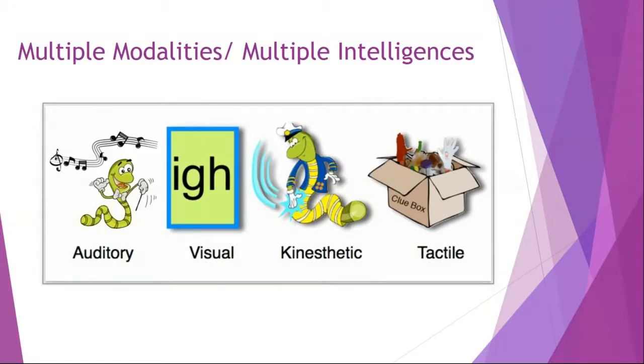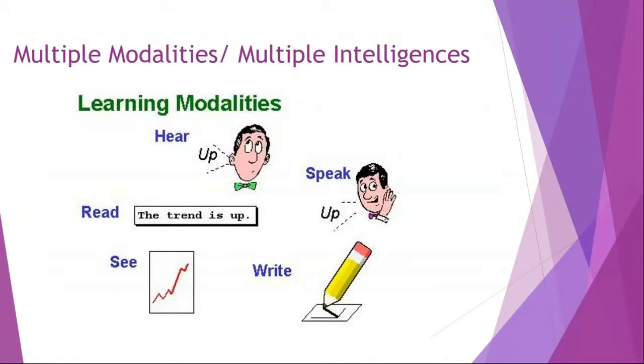Sometimes you'll see another version which considers tactile and kinesthetic modalities completely separate from one another, like this version which separates kinesthetic and tactile, kinesthetic being moving your body and tactile being touching different objects that you're learning about. Or you might find this version which includes hearing, speaking, writing, seeing, and reading, which is 5 modalities if you're counting at this point.